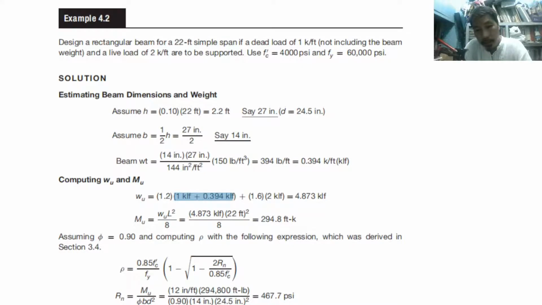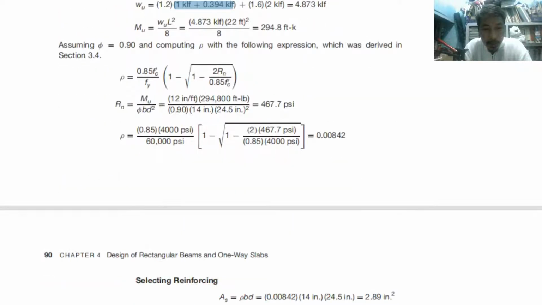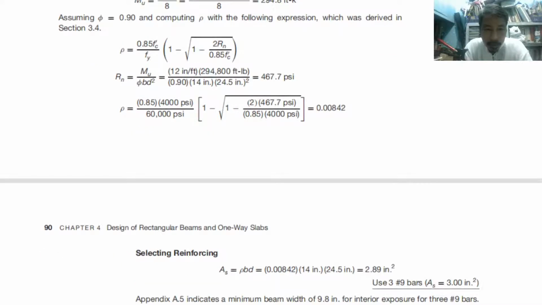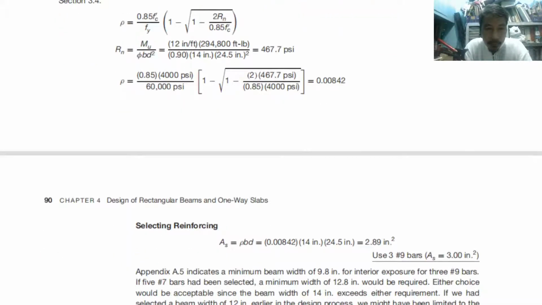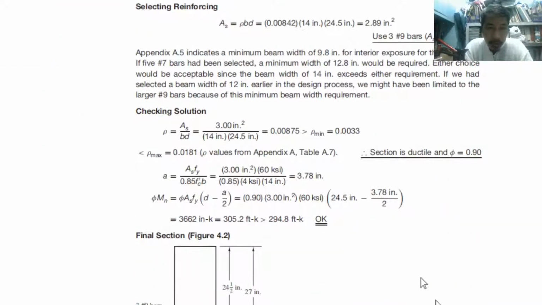That is greater than the minimum, so therefore it could be used, and we can select the reinforcement. Rho BD, because we have the assumed values of B and D. So multiply those with rho, and we have the value for the area of reinforcement.